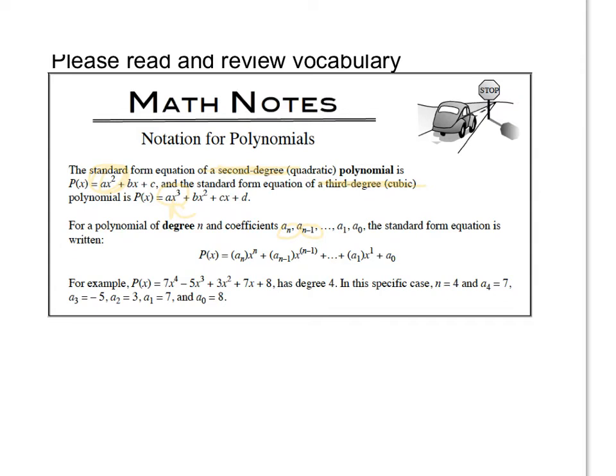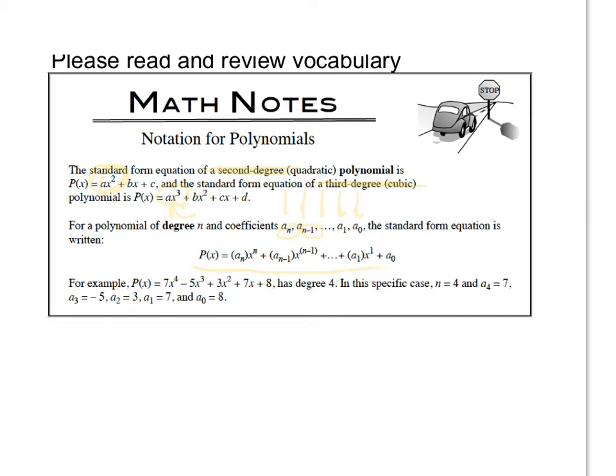So this could be the same as A, B, C, D, all the way down to Y, Z. If we had a polynomial of degree 26, you could use all the letters of the alphabet if you wanted to, instead of using a sub n minus 1, all the way down to a sub 0.